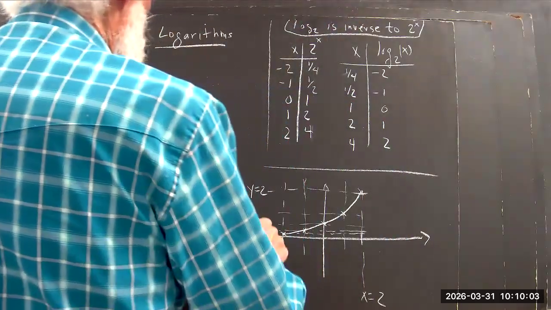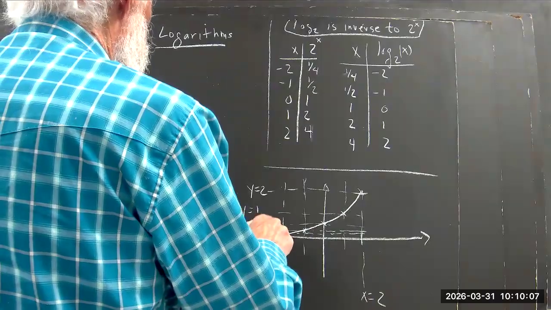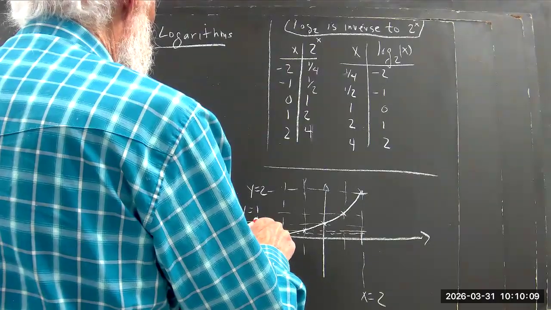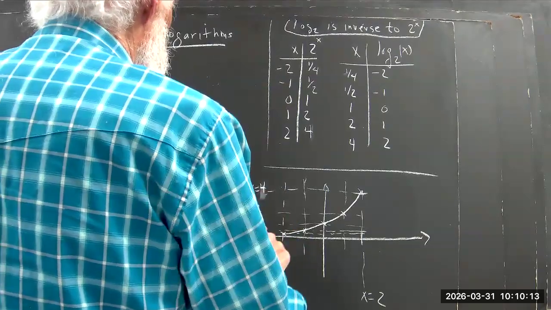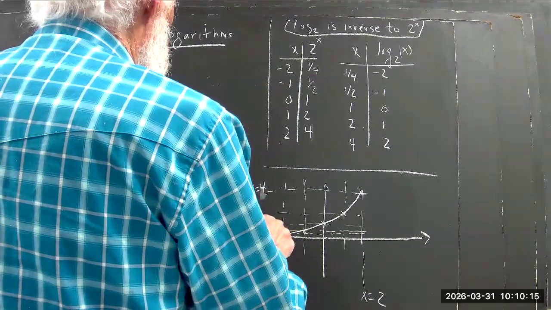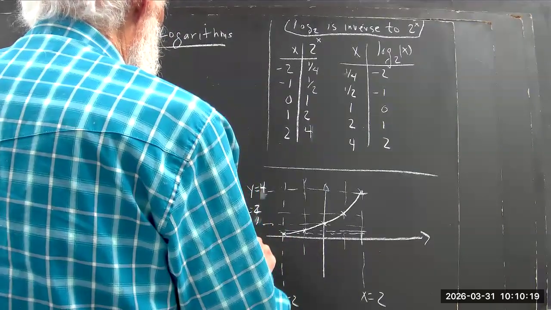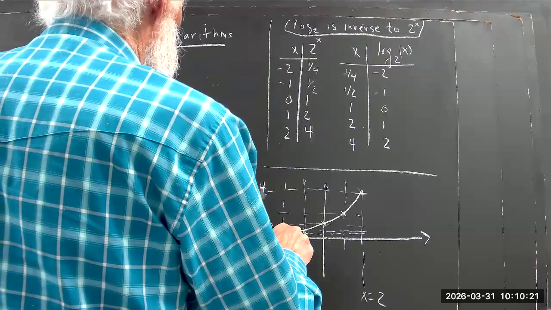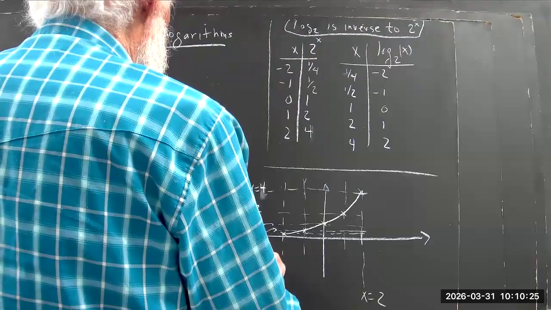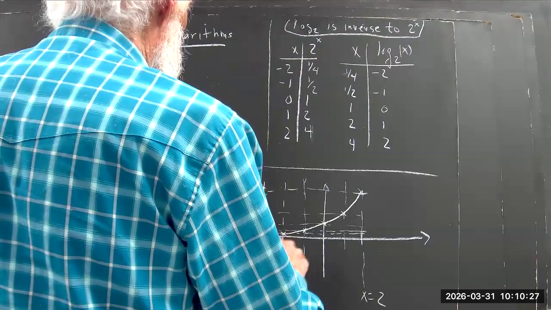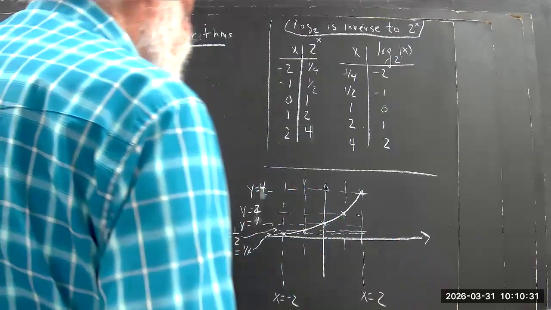The lines I've drawn here are y equals 4, y equals 2, y equals 1 here, y equals 1/2 on this line, and y equals 1/4 on this line down here, pretty close to the x-axis.